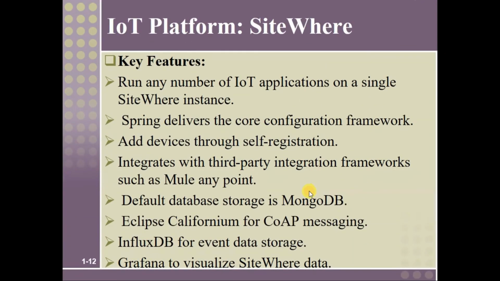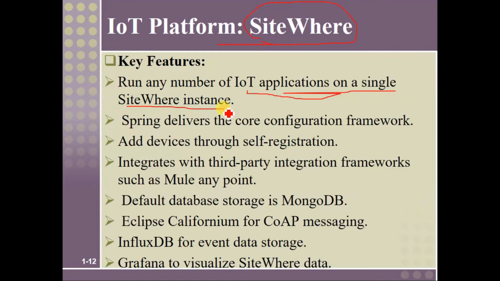The second one is Sitewhere. This is the second IoT platform that you may come across in emerging technology. Among its key features, it can run any number of IoT applications on a single Sitewhere instance, and Spring delivers the core configuration framework.